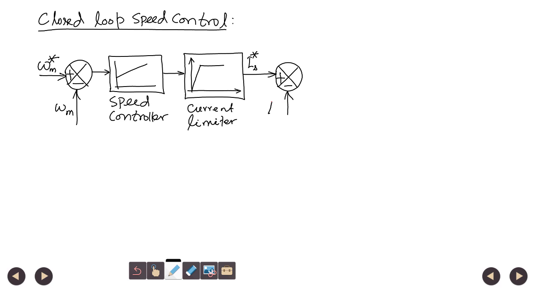The actual motor current Is is compared with the reference current, and the current error goes through a current controller. Here I am showing a PI current controller, and the output of the current controller is the final control voltage Vc.